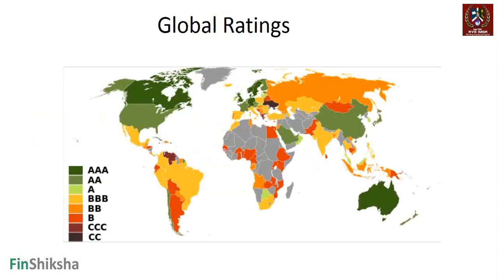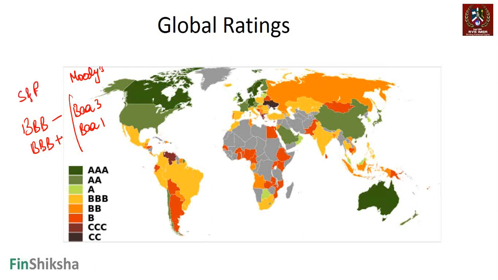You can look at a set of global ratings. In fact, Wikipedia gives all of these broad ratings, and here, when we say triple B minus or triple B plus, it corresponds to Baa3, Baa1. So typically, in one of the rating agencies, which is Moody's, you have this rating, and in another one like S&P, you will have this rating, right?